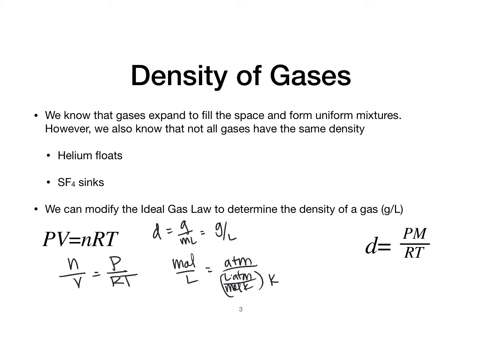So what we're actually going to do is multiply both sides by the molar mass, where the molar mass is in grams per mole.